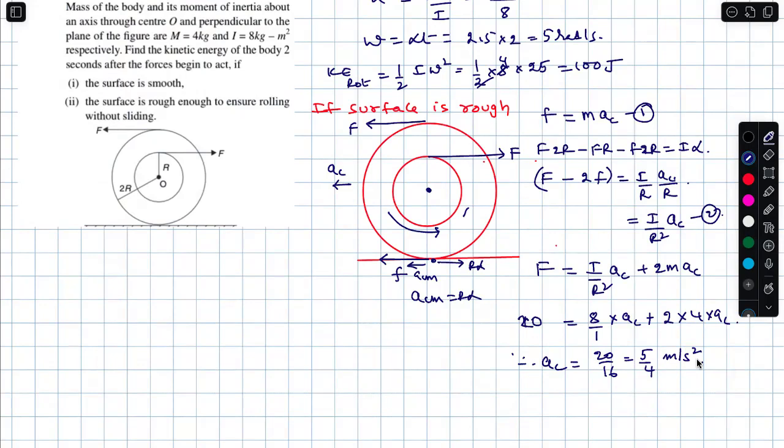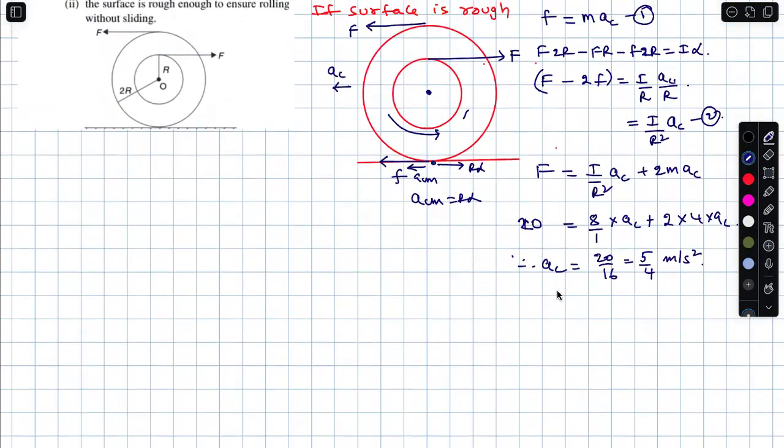What do you want? Find the kinetic energy of the body 2 seconds after the forces act. Come on. When AC is known, you can give whatever you want. For example, omega you want, alpha you want, I can give. Alpha is AC by R. Alpha is 5 by 4 radian per second square. What is KE total now?